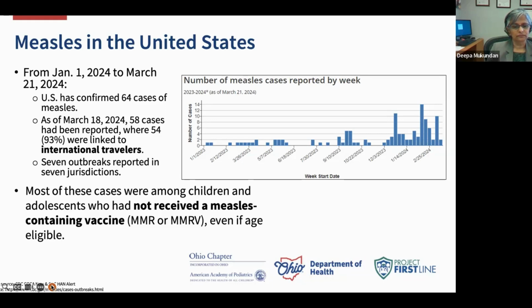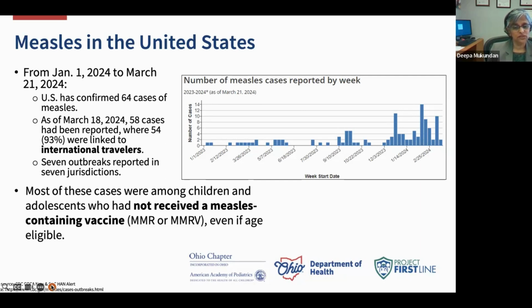And most of the children who are exposed or have disease due to exposure are children who have not been vaccinated. And I found the clinical scenario very interesting.